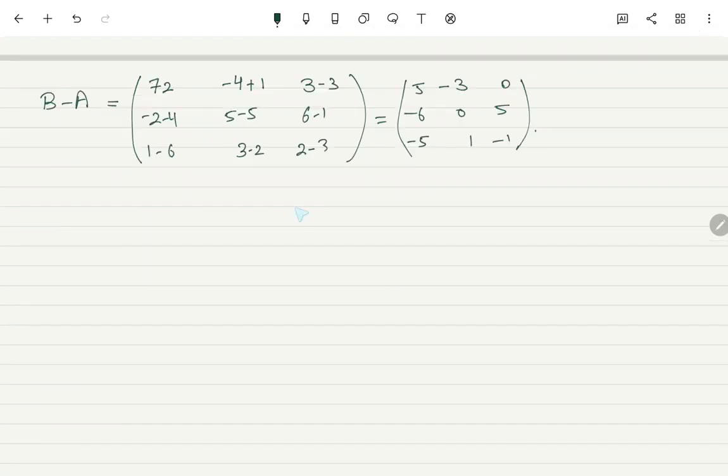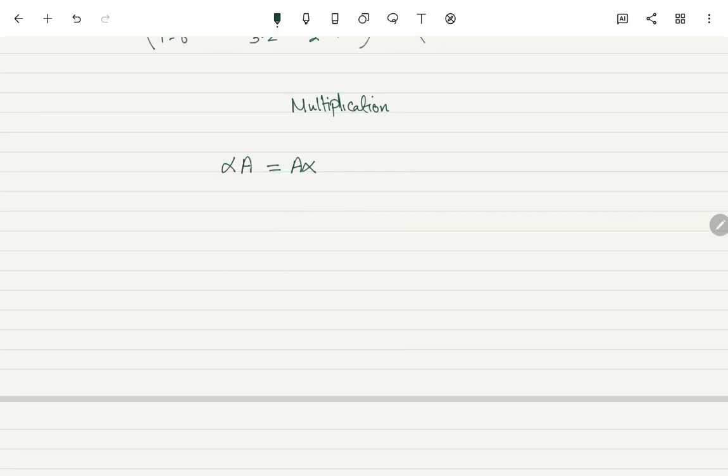Let's define multiplication. The multiplication of a matrix A by a scalar quantity, let's name it alpha. Therefore, alpha A should be equal to A alpha. If we have two matrices A and B, in this case, two kinds of products are defined.